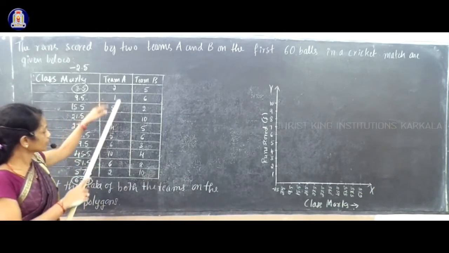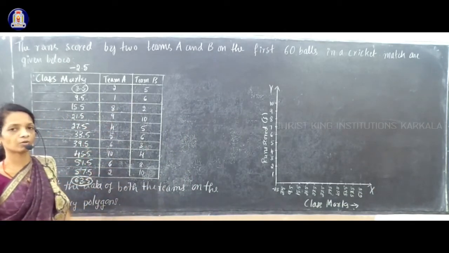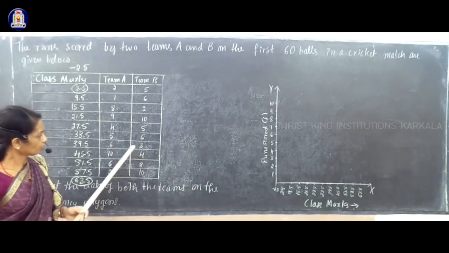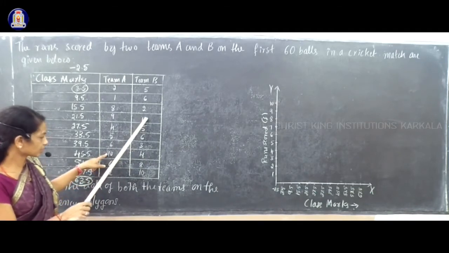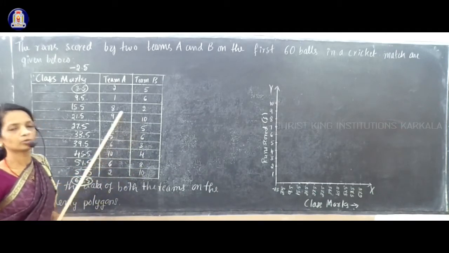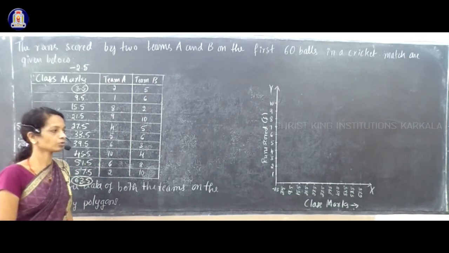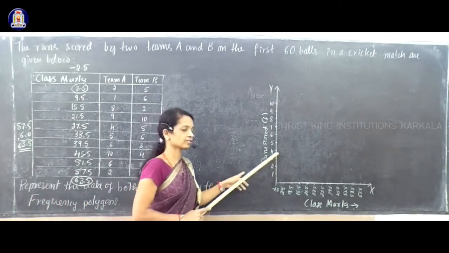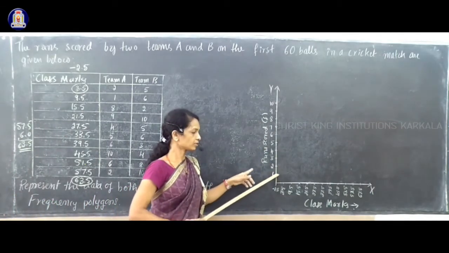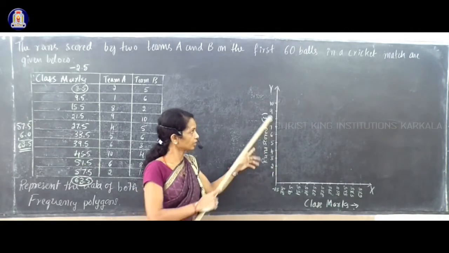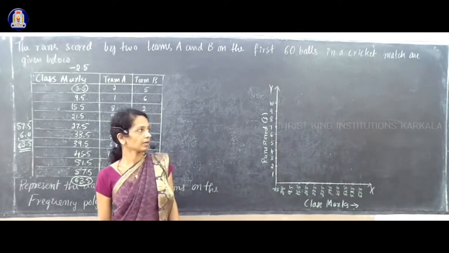And here you observe the frequency columns of team A and team B. What is the maximum number here? Maximum number is 10, so up to 10 is enough on the y-axis. So you take 1 centimeter as 1 unit, 1, 2, 3 up to 10 on the y-axis.